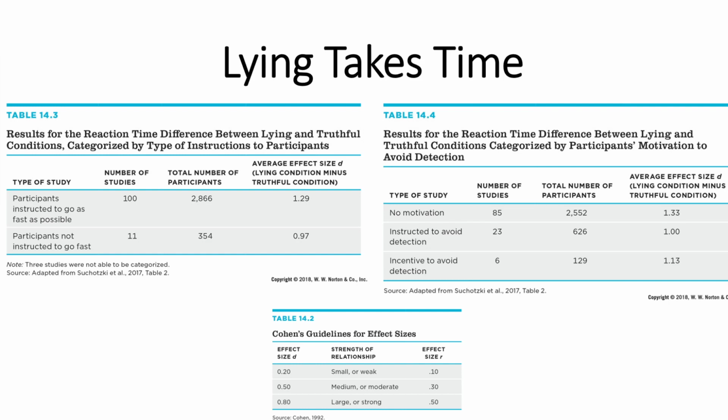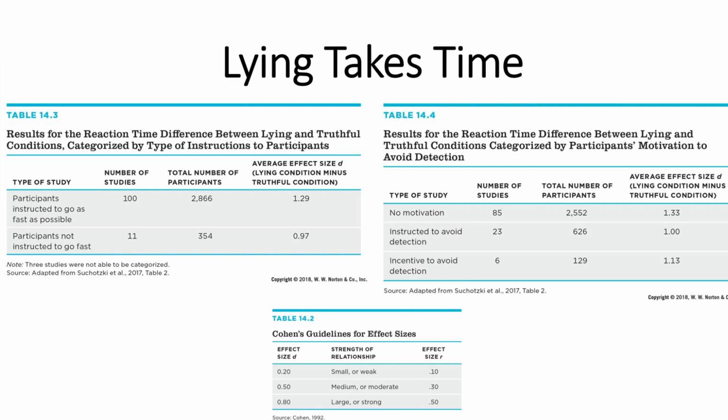And so then the participants would sit down at a computer screen and they'd be shown different playing cards and different bills and asked, have you ever seen this before? And so the idea being that they would take longer to say no when shown the jack of spades or when they were shown a $20 bill than any other card or any other bill, because in those cases they were lying.